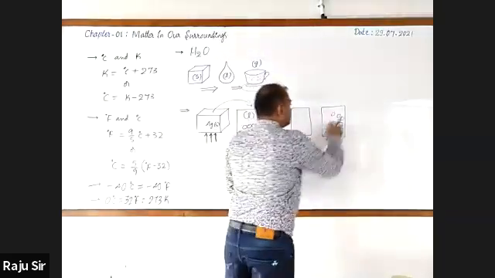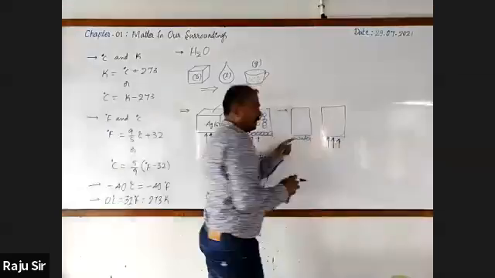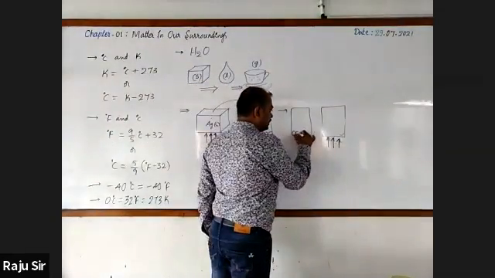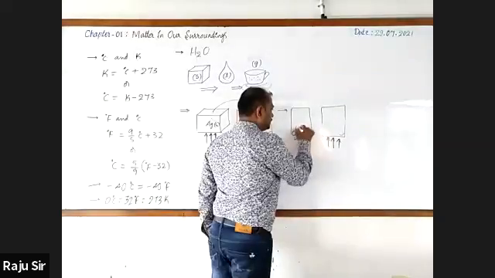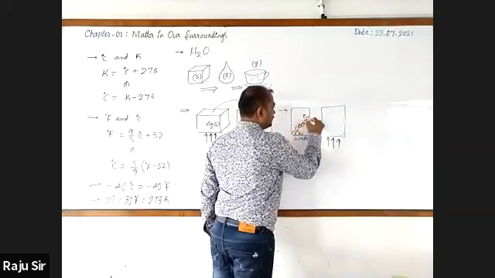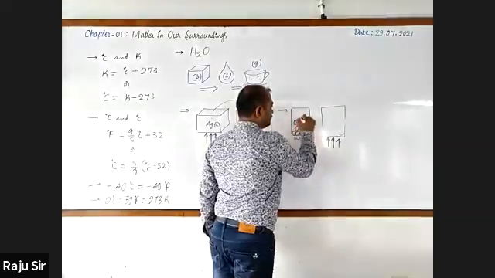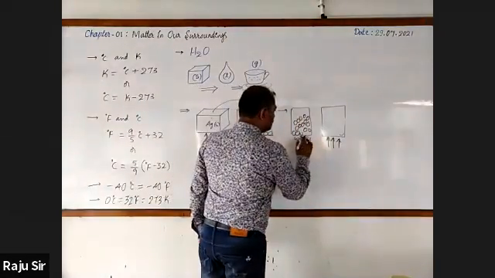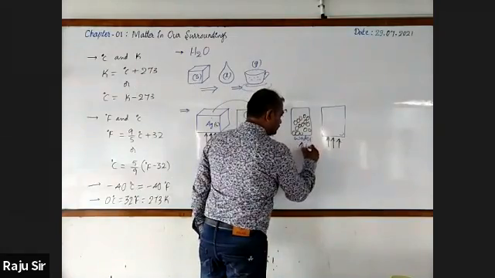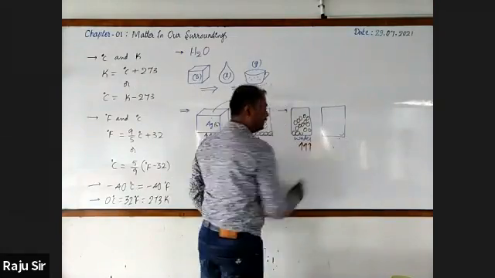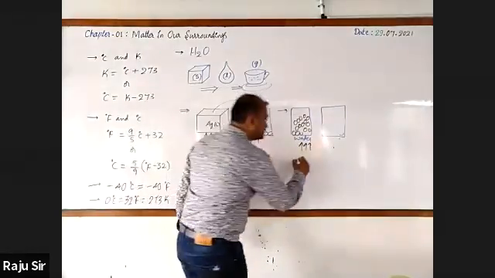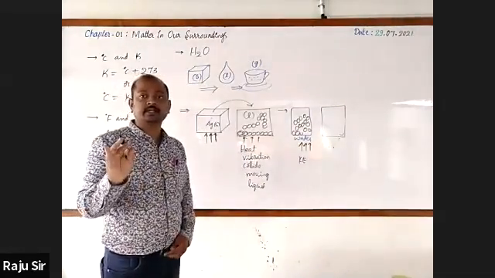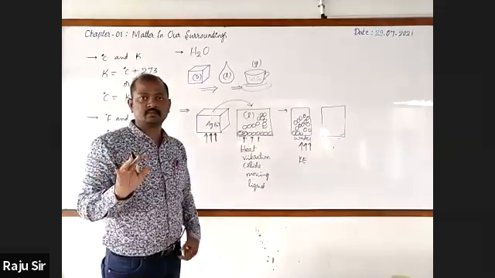Once again, look, here we have taken the liquid called water. In that, particles are packed loosely. Now you provide heat to this. When heat is given, the kinetic energy of the particles increases.